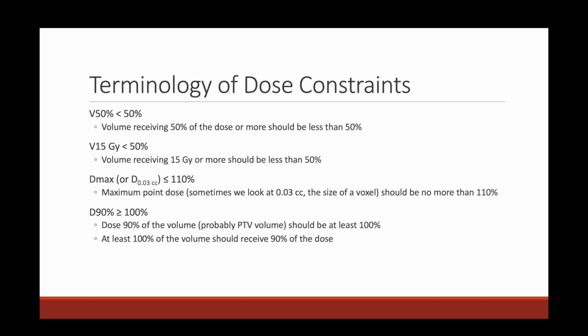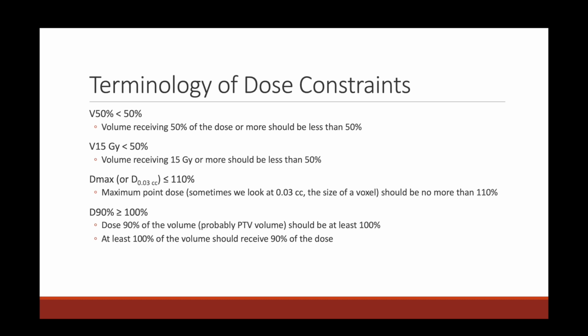So in this case, the volume receiving 50% of the dose should be less than 50%. In other words, 50% of the volume should not get more than 50% of the dose. Okay? So when we say V 50%, we mean the volume receiving 50% of the dose or more should be less than 50%.